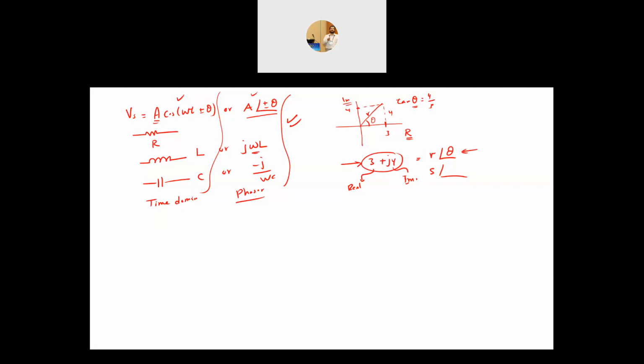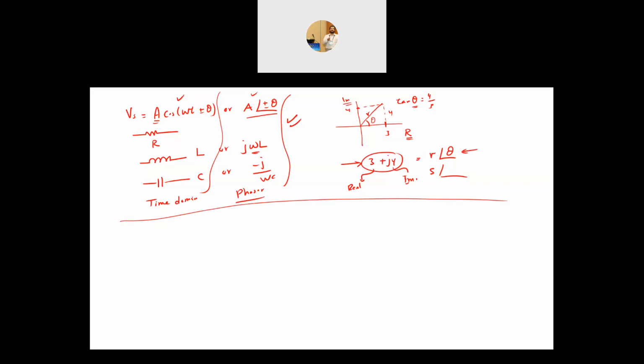From the circuit perspective, there is not much difference between what we have learned so far in DC analysis and the AC analysis. They are all the same. The only difference is the math. In DC, we are dealing with scalars. Here, we are dealing with vectors, and these vectors are either in the polar format or in the rectangular format. That is something that we will try to show you as we progress.